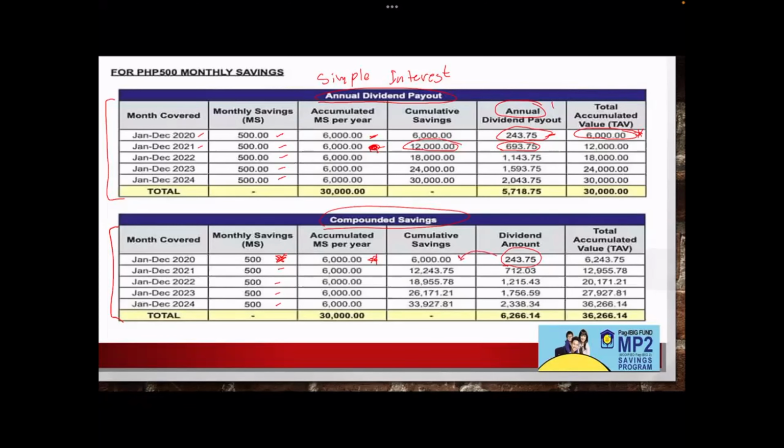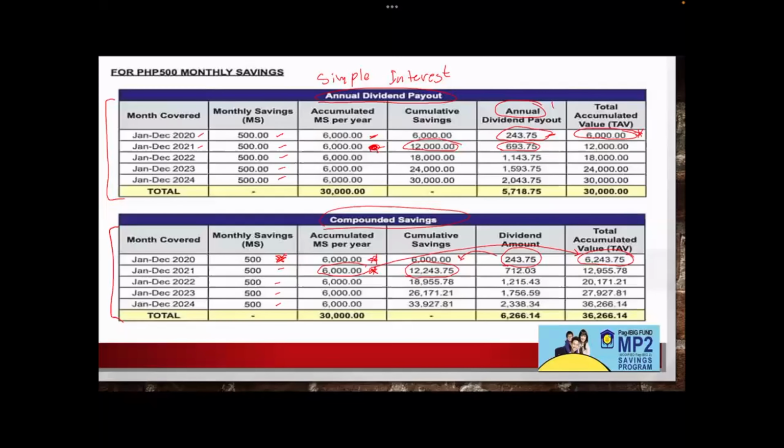So, ang pera mo na ngayon ay 6,243.75. Then, after niyan, sa isang taon ulit, nakabuo ka ulit ng 6,000. Ngayon, tong 6,000 na to, i-add natin dito sa previous na pera mo, which is 6,243.75. Now, magkano na ngayon ang pera mo? That is 12,243.75.